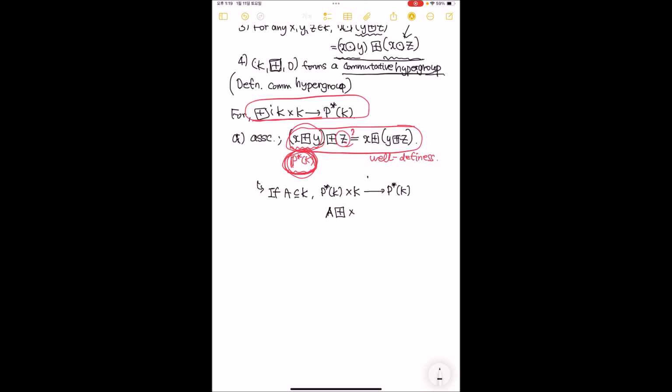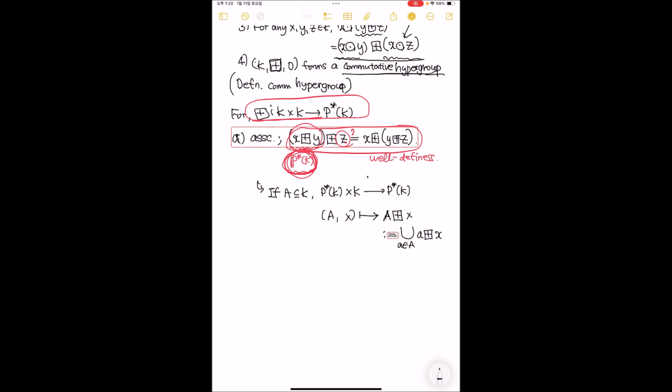Take A and x in K. That is defined as the union of A plus x. That is well defined.